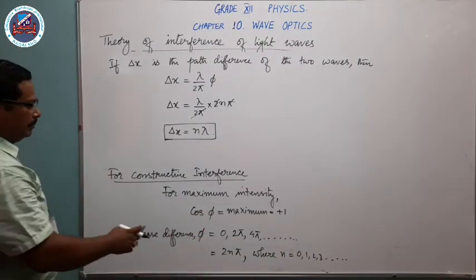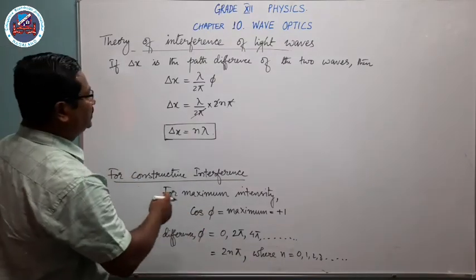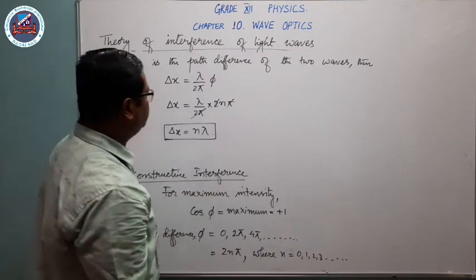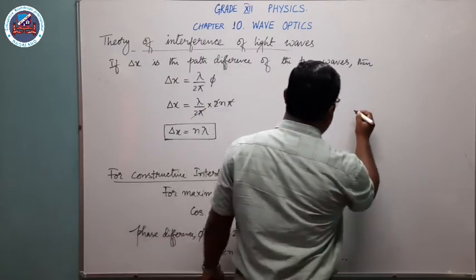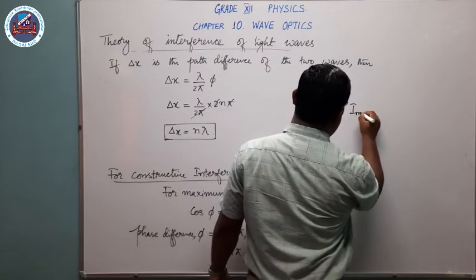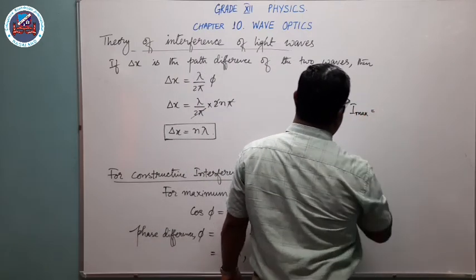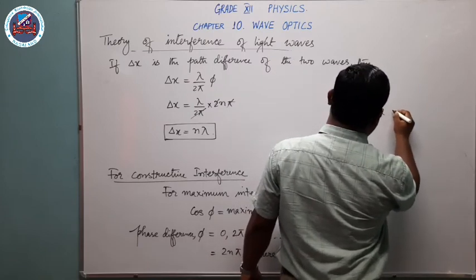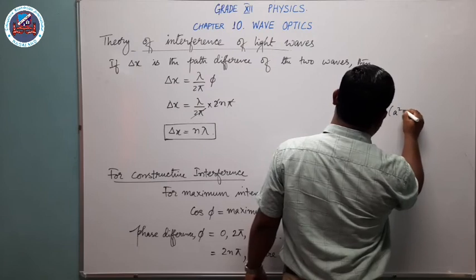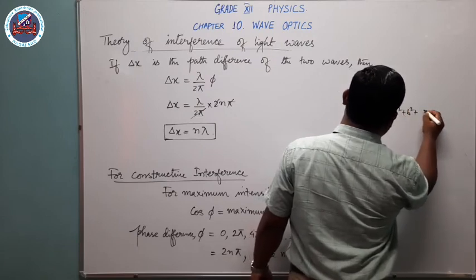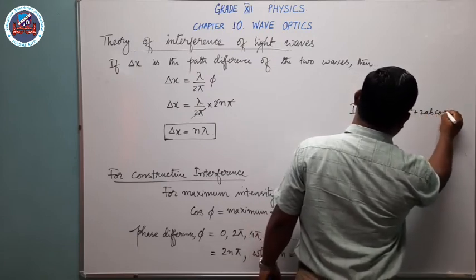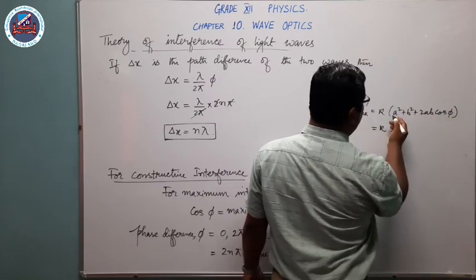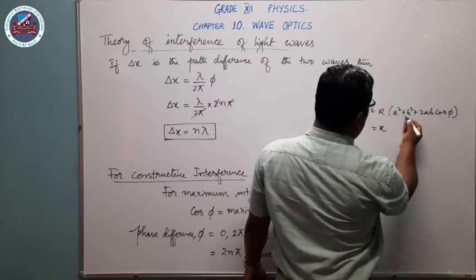For maximum intensity, if you put it in your formula, I maxima is equal to K times amplitude square, that is A square plus B square plus 2AB cos phi. This is K into A square plus B square.